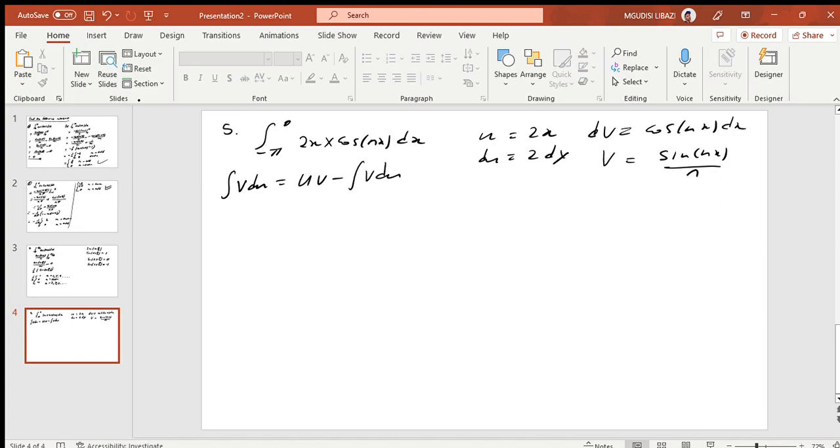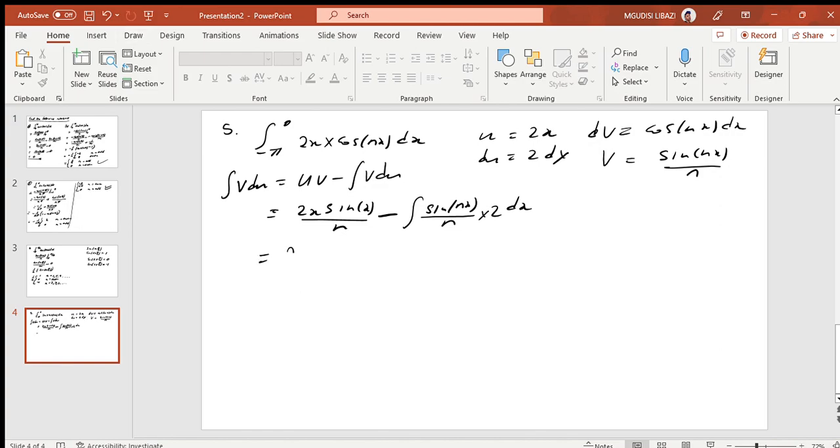So substituting back, we have u, which is equal to 2x, multiplied by v, which is sine of nx divided by n, minus integral of v, which is sine of nx divided by n, multiplied by du, and we can see our du there is 2 dx.